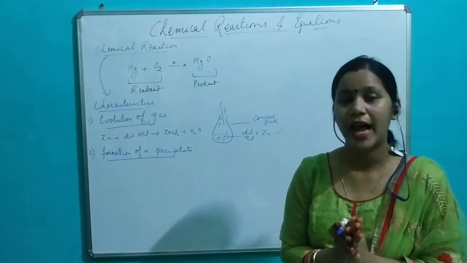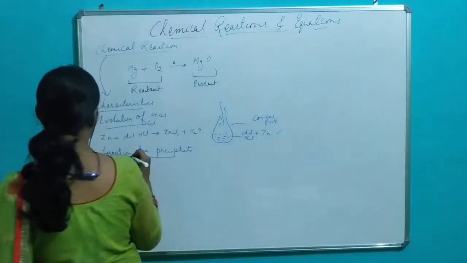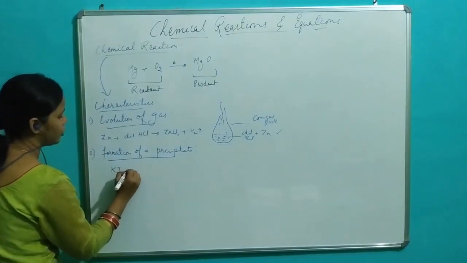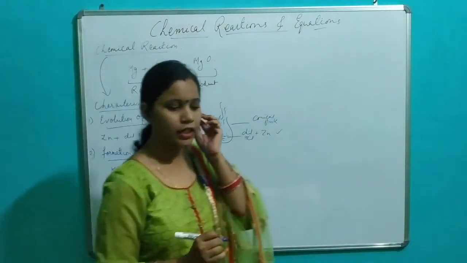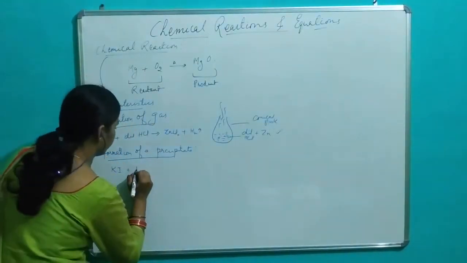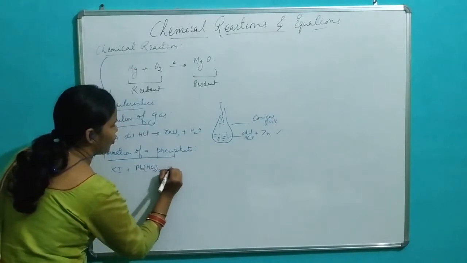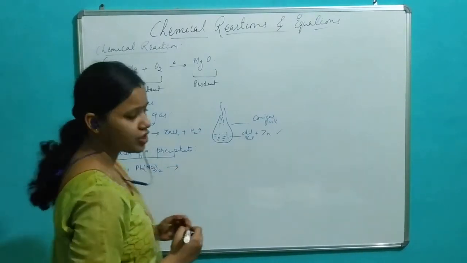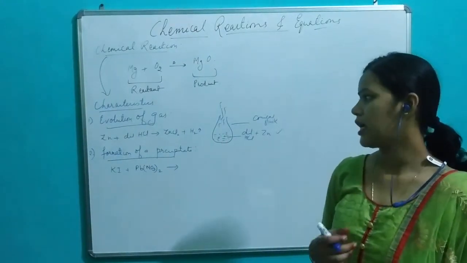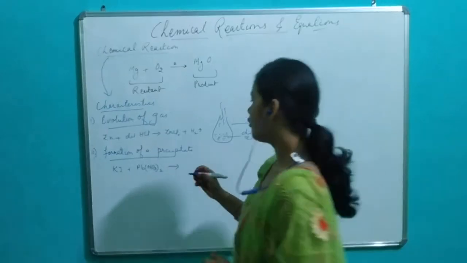For example, when potassium iodide solution, KI, is added to a lead nitrate solution, Pb(NO3)2, a yellow precipitate of lead iodide is formed.